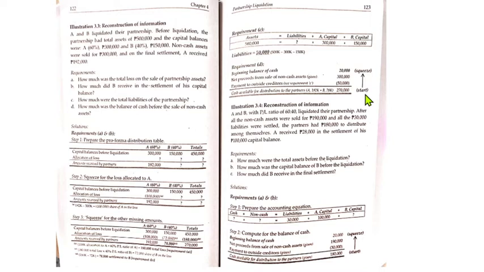So use the template illustration to work on this. So since 270,000 ang iyong cash available for distribution to the partners as computed under step 3, you have to add back yung dating binabawas mong payment to outside creditors, 'di ba? Nagbabawas ka diyan whether it is paid or not, yung 50,000 na liability.